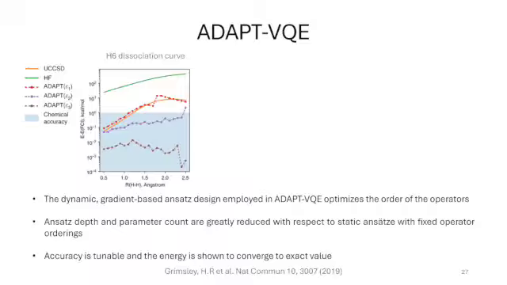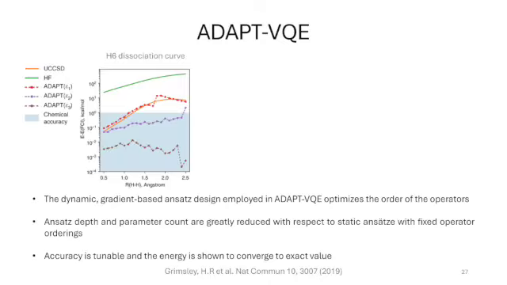In the case of the highest threshold, we have a very similar result to UCCSD. One step further, and the ADAPT-VQE results get better, so the circuits are deeper, so they result in better energies. And at the tightest threshold, we obtain chemically accurate solutions across the whole bond dissociation curve for hydrogen.